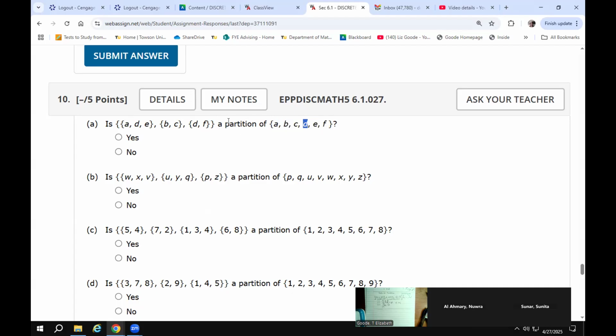And d is in 2 of them, and that means property 2 fails, where Ai intersect Aj, let's call this A1 intersect A3, is not empty. There's an element, namely d, that's in both of those, and that makes it not a partition.